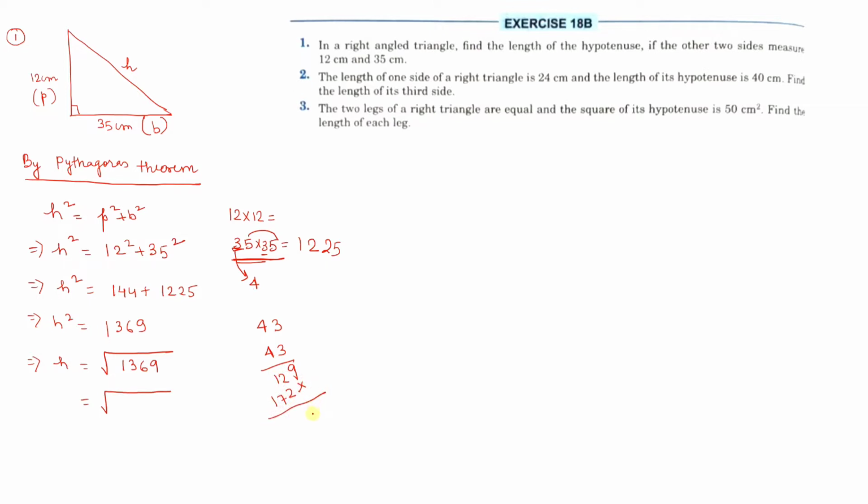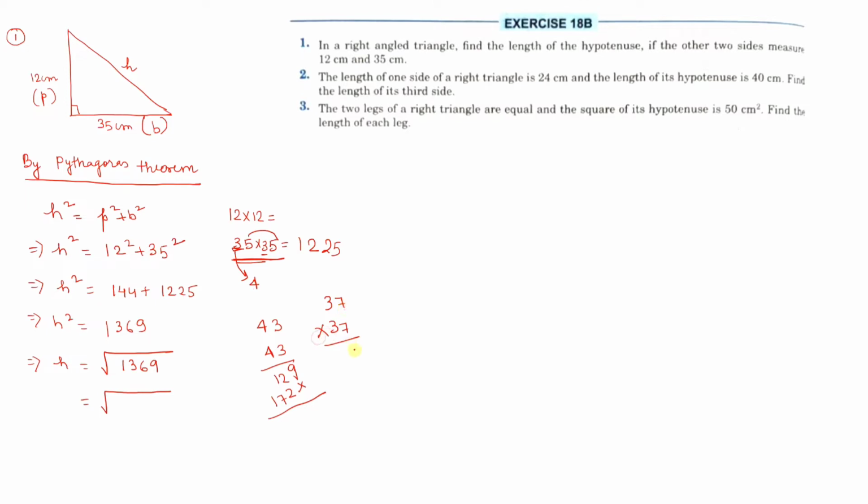This is not it. Try 37 into 37. Actually, this 1369 is the square of a prime number, so it is very difficult to find it by the prime factorization method. You have to use a trial method. Means you have to multiply two similar numbers to get this 1369. So just give it a try.